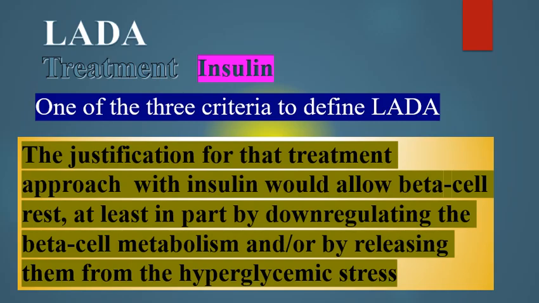So, as I mentioned, the treatment is insulin, despite the age. So, if a patient presented to you not responding to oral hypoglycemic and his age was 50 years old, and the anti-glutamic acid decarboxylase 65 antibodies were positive, we should put him on insulin for life.